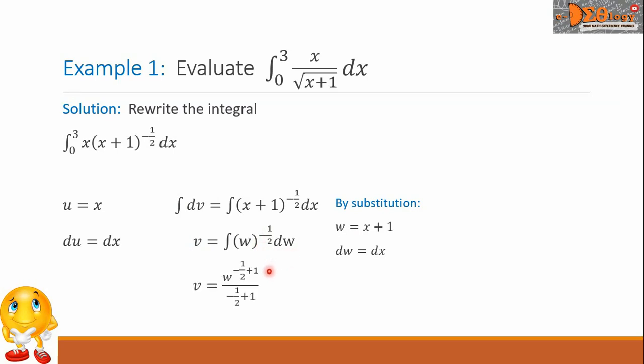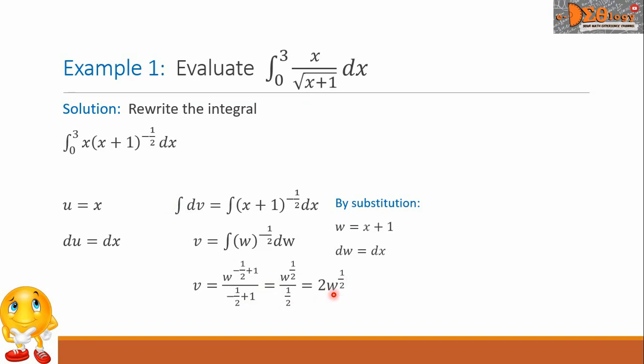Using the power rule, we have w raised to negative 1/2 plus 1 all over negative 1/2 plus 1. The negative 1/2 plus 1 is positive 1/2. So w raised to 1/2 over 1/2. Let us simplify this by flipping the 1/2 up, making the denominator 2 the coefficient of w. So we have now the value of v as 2 times w raised to 1/2.